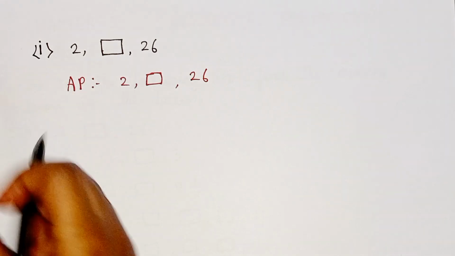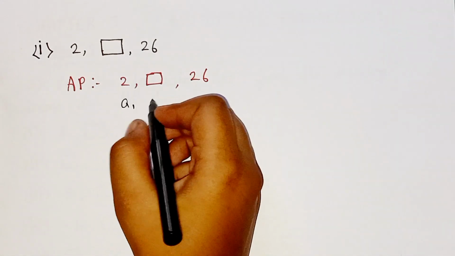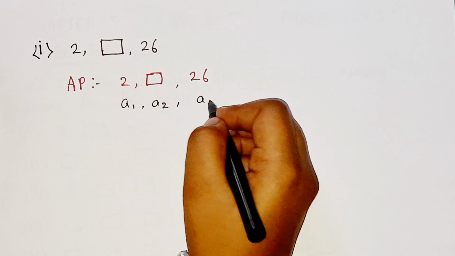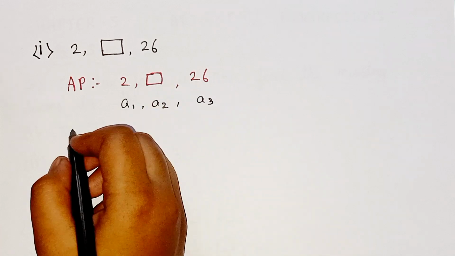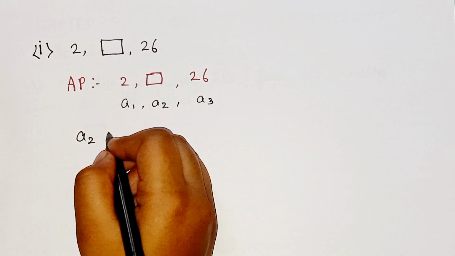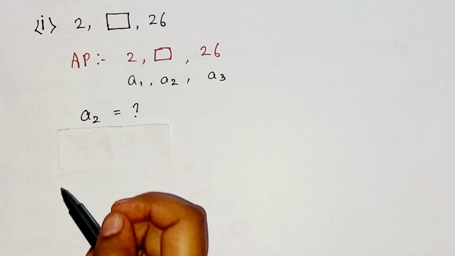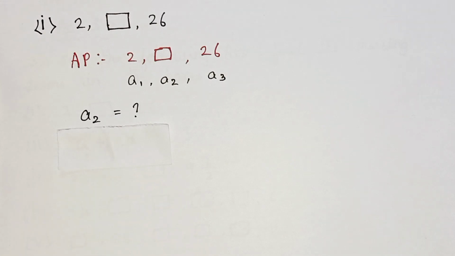So in this, this is the A1 value, and here this is A2 and this is A3, isn't it? So here we don't know the A2 value, that is in question mark, isn't it? Alright guys, so since you guys know, we have to find the A2 value, isn't it?